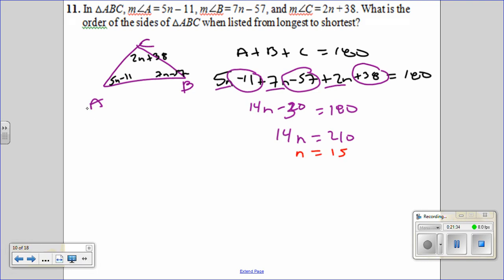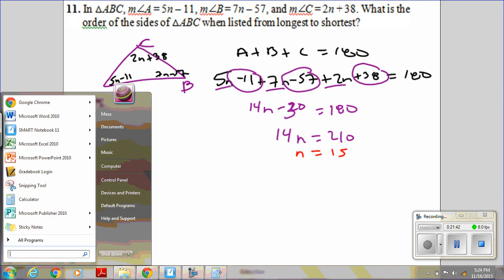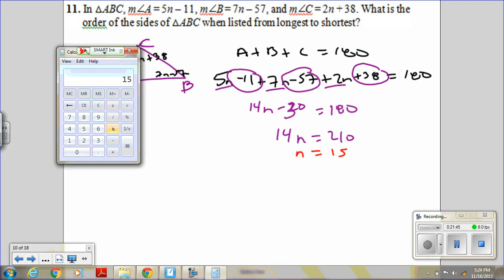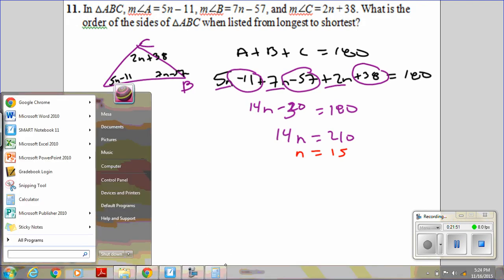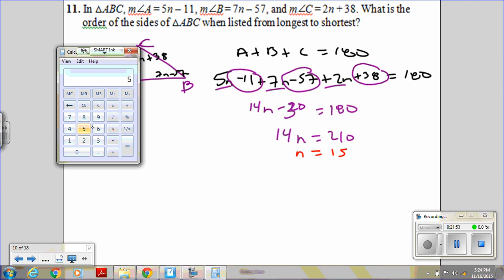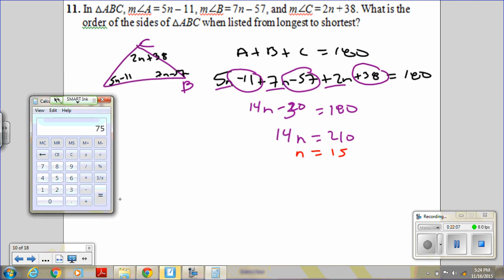So now that we know what n is, 5 times 15, my brain is fried right now. All right, 5 times 15, and then we had to subtract 11. So 64 is one angle.